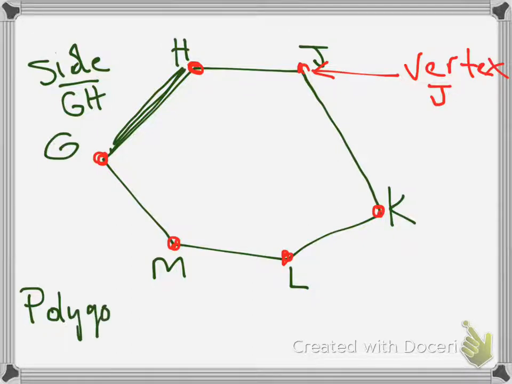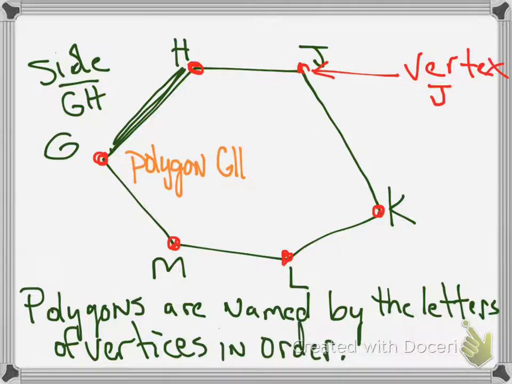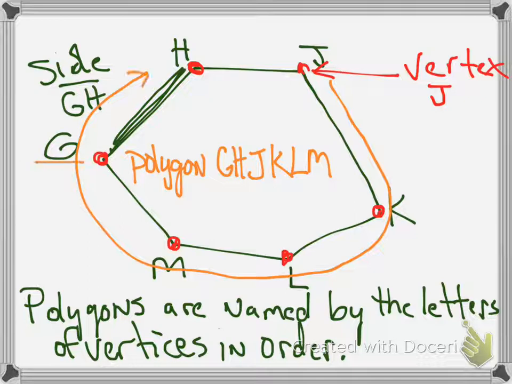Now, all polygons are named based on all the vertices of that polygon, and in order. So in this case, I could say that's polygon GHJKLM. Based on the way I read that, I could start with J and say JKLMGH.